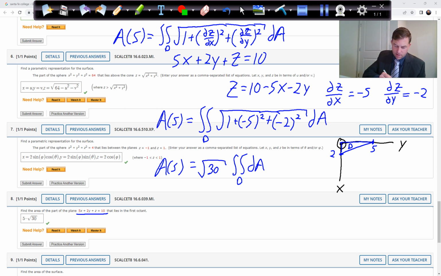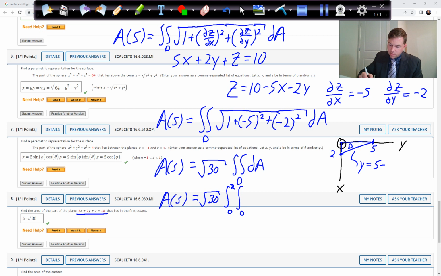In that, x varies from 0 to 2. And y varies from, this one's a little trickier, y goes from 0 to this line right here. This line is y equals 5 minus 5/2 x.